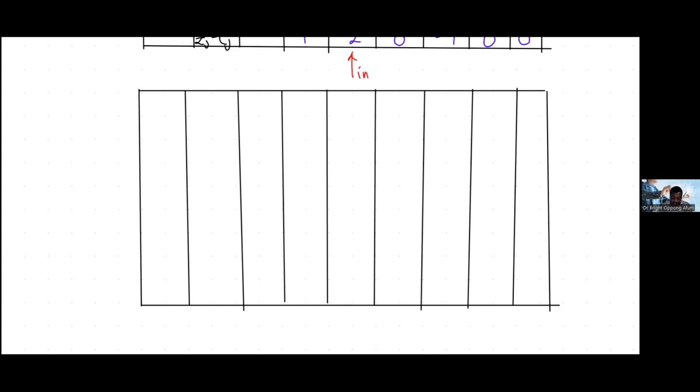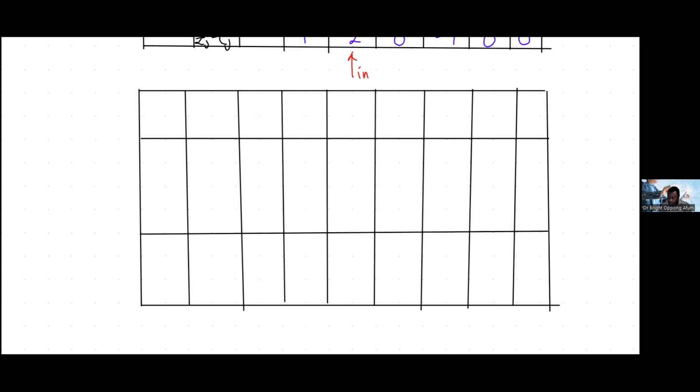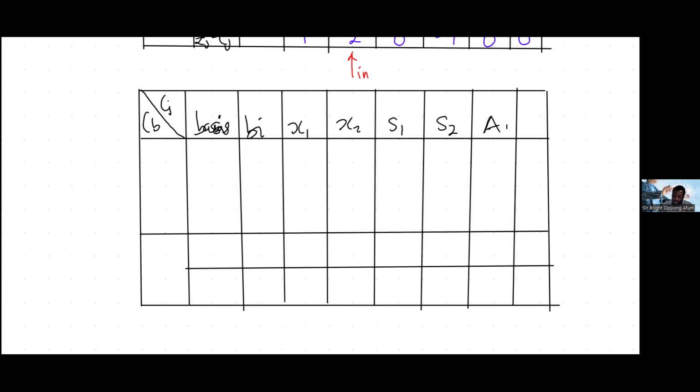So it's Cj, CB, that's the basic solution, that's the BIs, the X1, X2, S1, S2, A1, A2. We have our Z, and we have our Zj minus Cj, right?